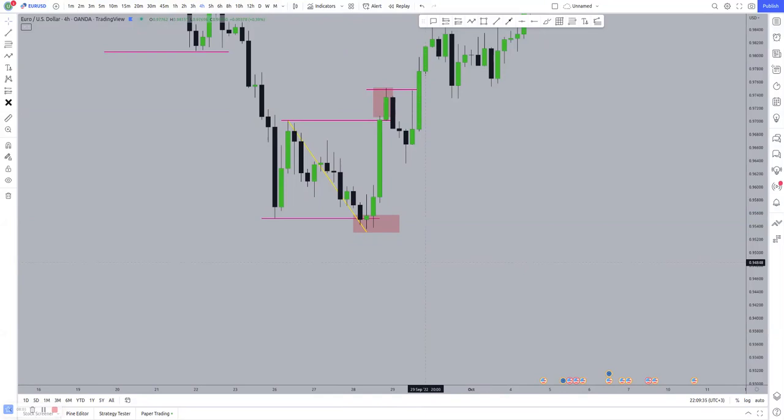Okay, so before the market opens or before a session opens, they have buy orders right here at this price level. We deal with the levels, they deal with the price.